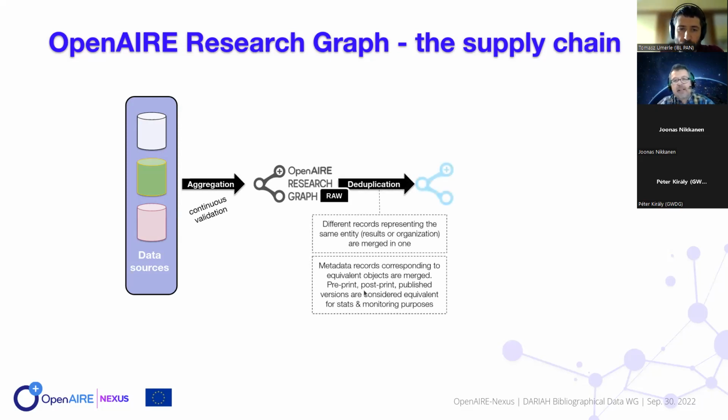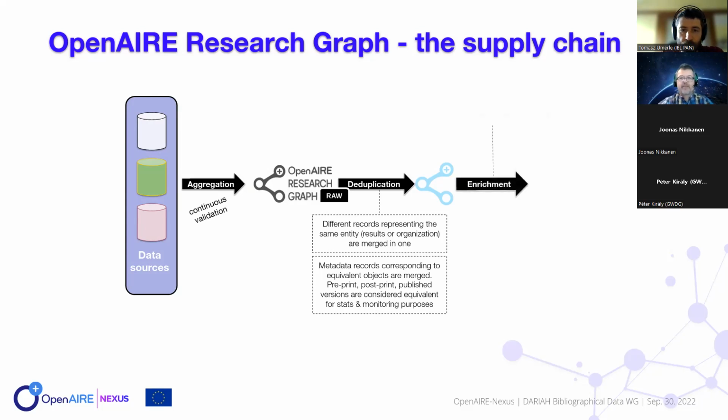After this, we make some deduplication on the metadata for preprints, postprints, published versions, and so on. Keep in mind, we have the provenance information of these metadata records, and this is also available in our portals. We are also deduplicating the organizations, like Bielefeld University, which is called Bielefeld University or Universität Bielefeld in Germany.